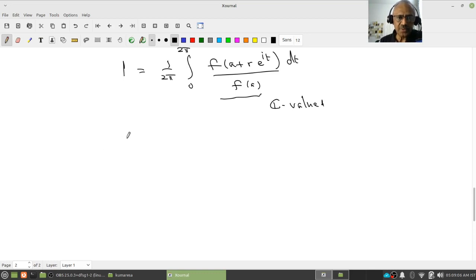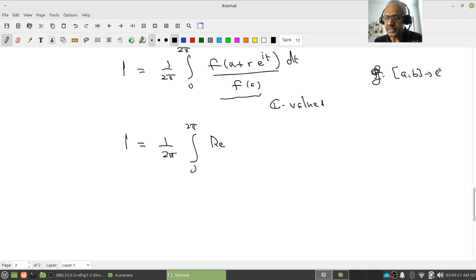Therefore, this is the same as 1 by 2 pi, integral 0 to 2 pi of the real part. Remember, if g is a complex valued function from [a, b] to C, and if I write g as u plus iv, then the integral of g by definition from a to b is the integral of u plus i times the integral of v, right?